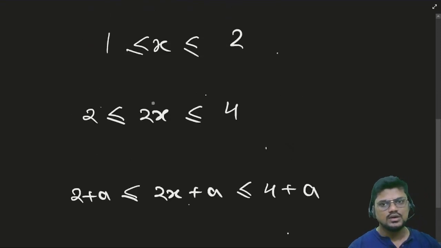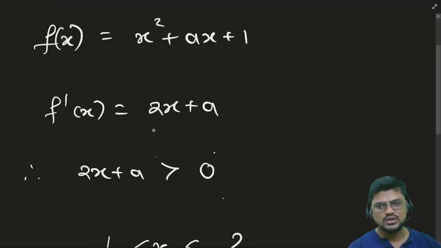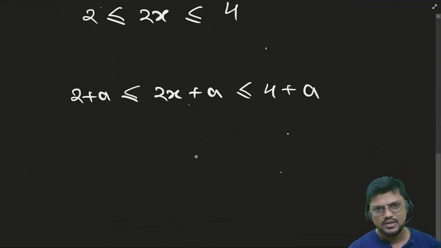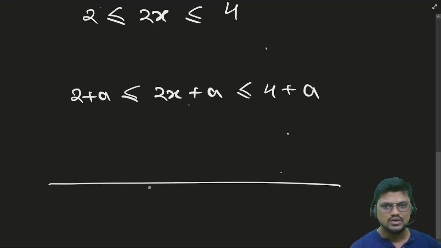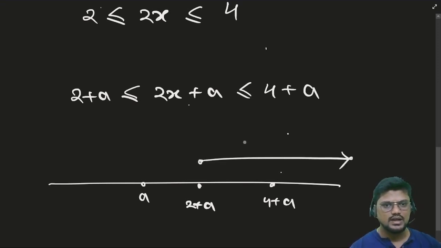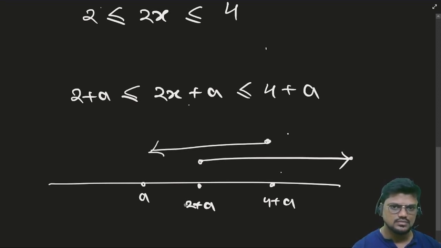Now the function is increasing if this value is greater than 0. Means both of these have to be satisfied. If I draw a straight line, if this is your a, then this will be your 2 plus a and this will be your 4 plus a. This 2x plus a has to be greater than 2 plus a and it has to be less than 4 plus a. Right?